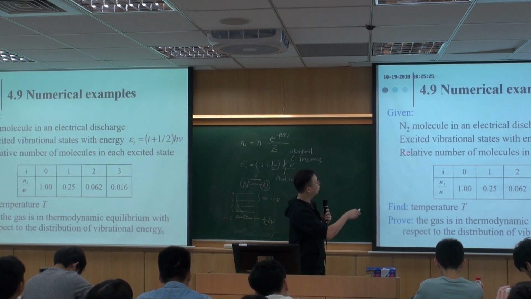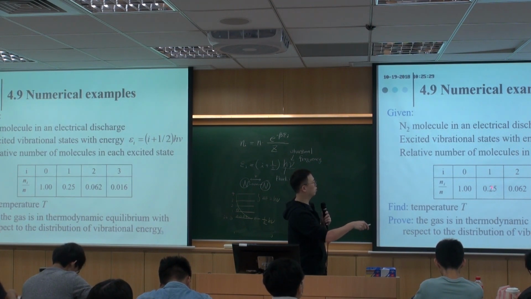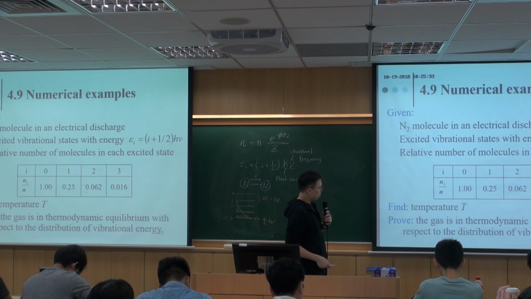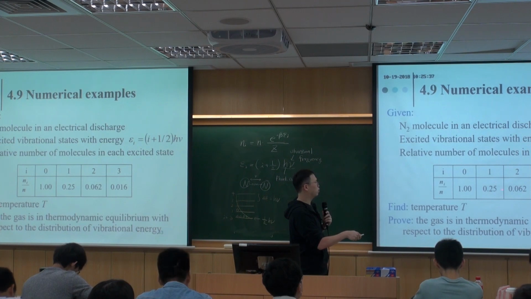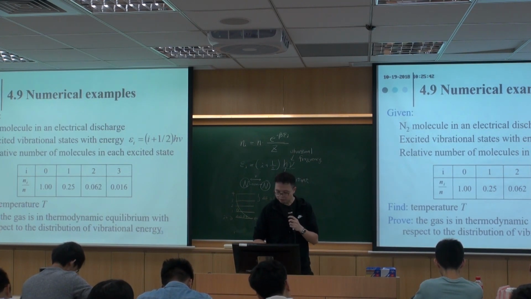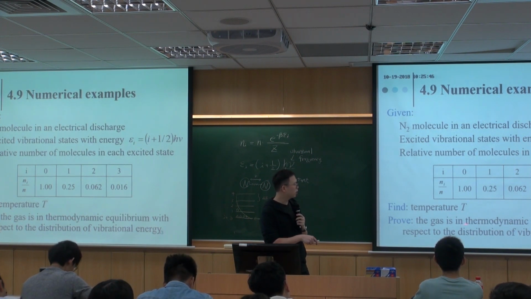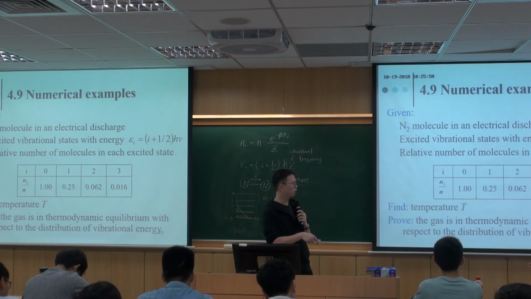Of course, again, these are the relative numbers of molecules, so it's not a real number. For instance, maybe we have a million particles here, then you have 0.25 million, and vice versa. So we want to prove that the gas is in thermodynamic equilibrium with respect to the distribution of vibrational energy.